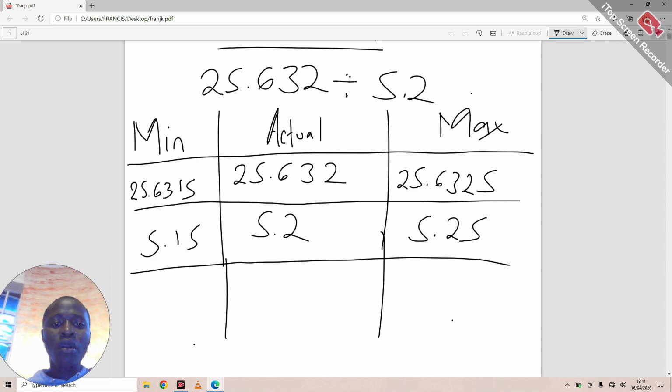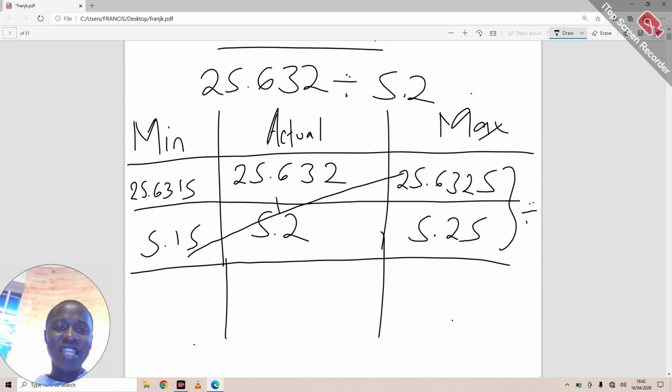So here, if you want to get the maximum division, we are dividing, but we are not dividing them directly. If you want to get the maximum division, you shall cross, then you just write there divide.